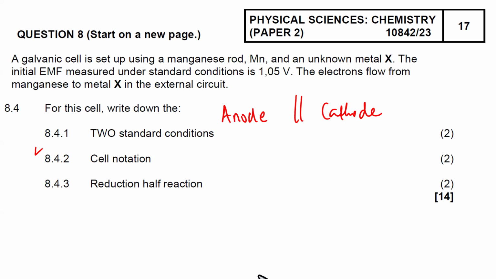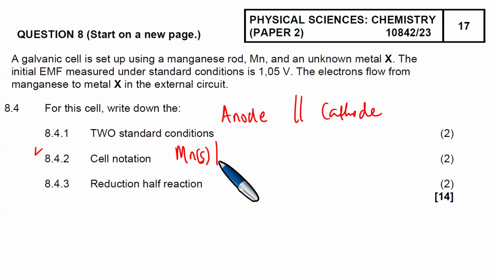So now we have the following. Manganese is a solid because it's a rod.